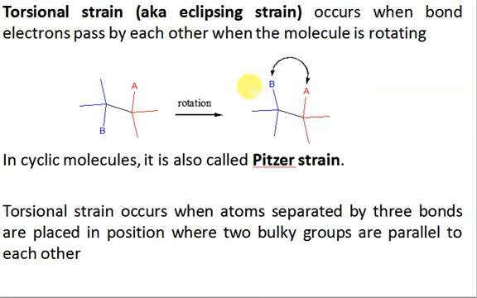So for torsional strain, the atoms must be separated by 3 bonds, while in case of steric strain, the atoms must be separated by at least 4 bonds. Right, so if bulky groups are much closer together, when they become parallel to each other, we say they are eclipsing, and when they are eclipsing each other, since the electrons are at maximum closeness to each other, we will have maximum torsional strain.